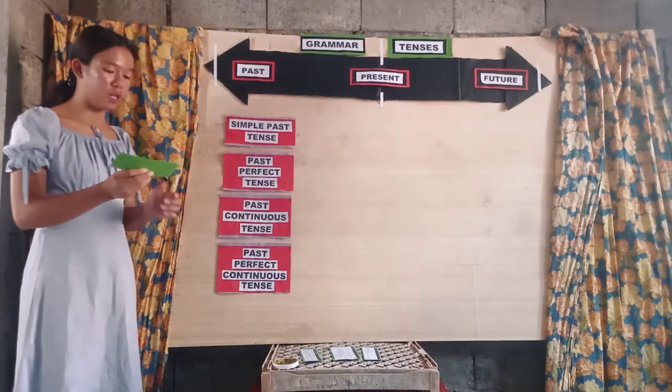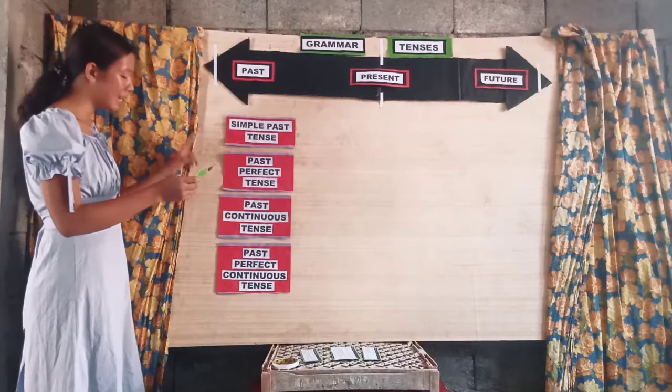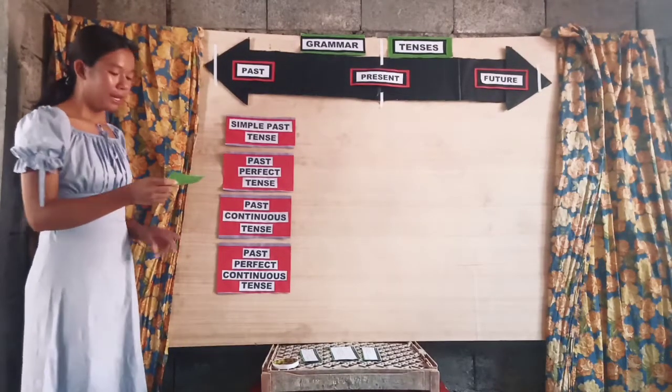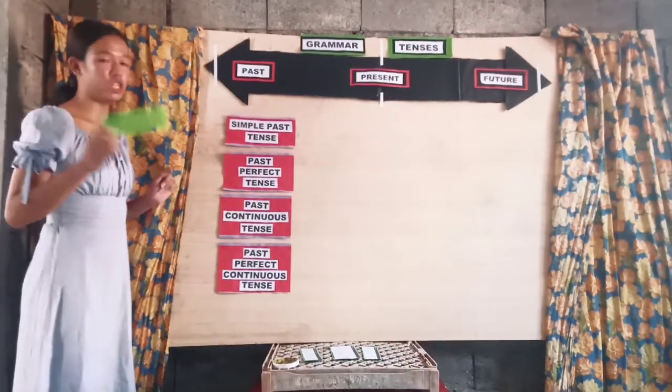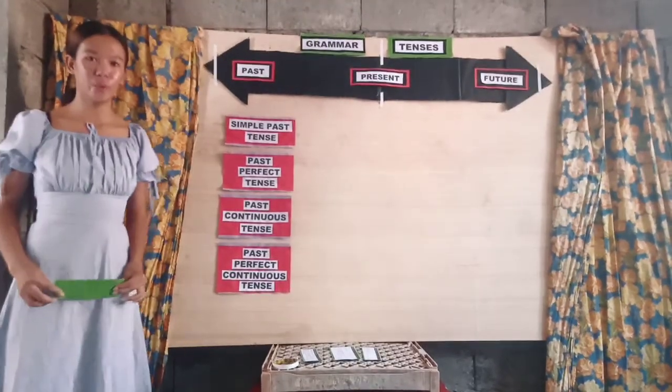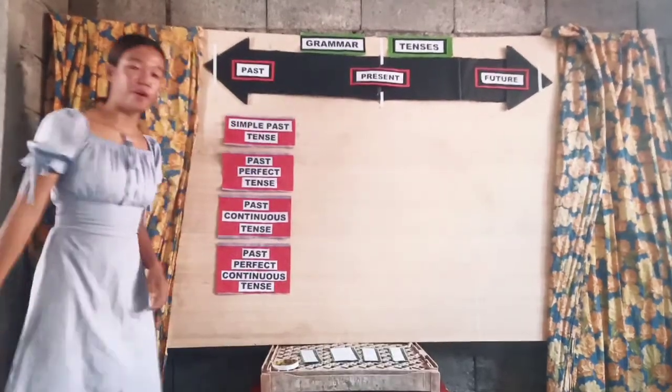For example, he ran away. The subject here is he, and ran is the second form of the verb run, followed by the object. So he ran away.